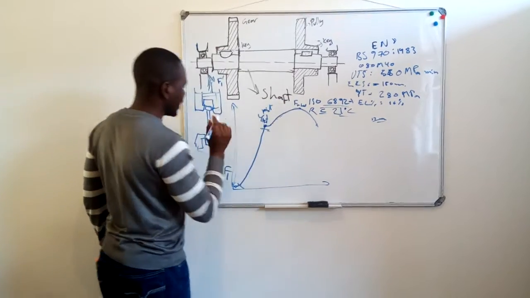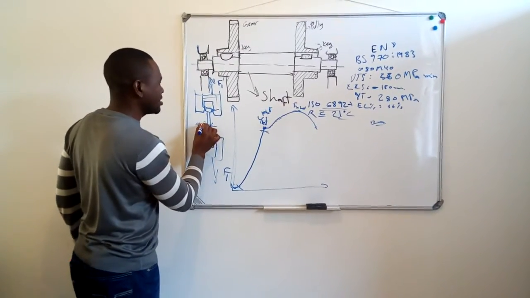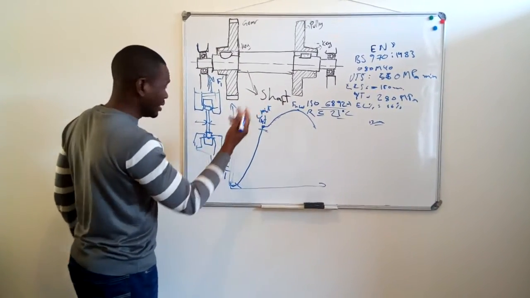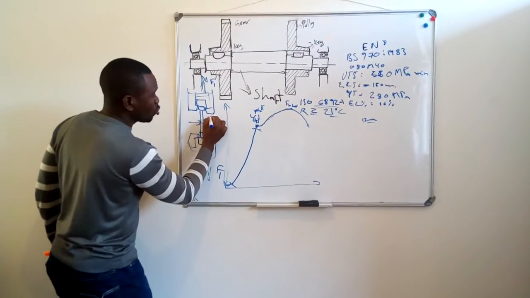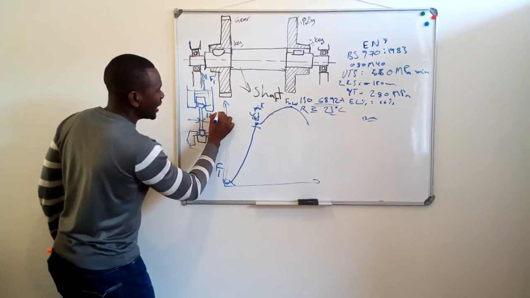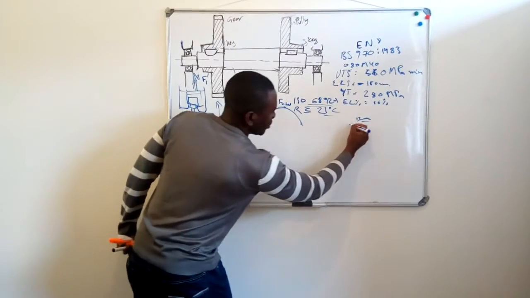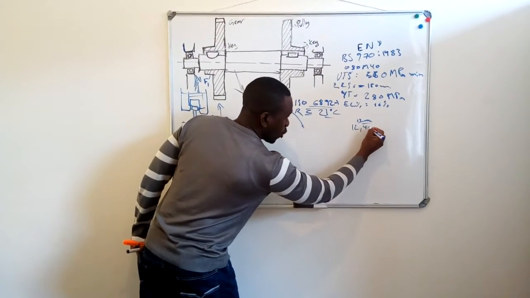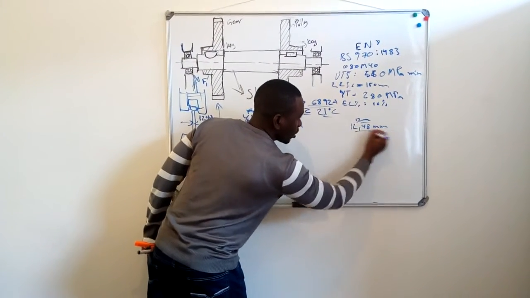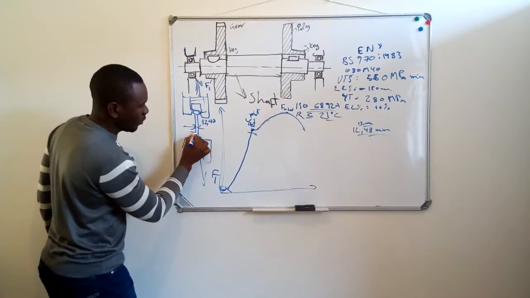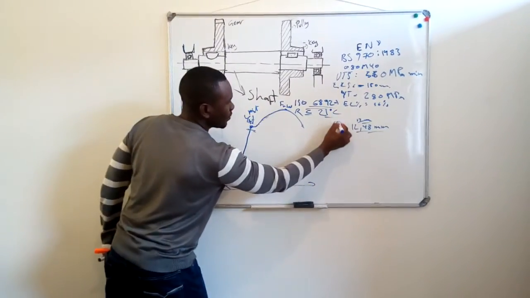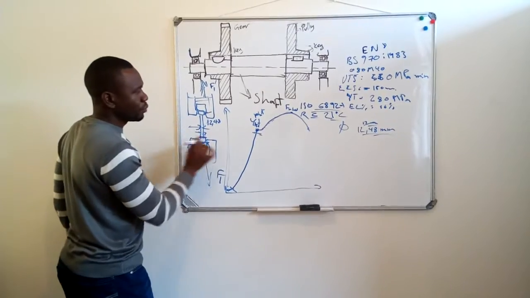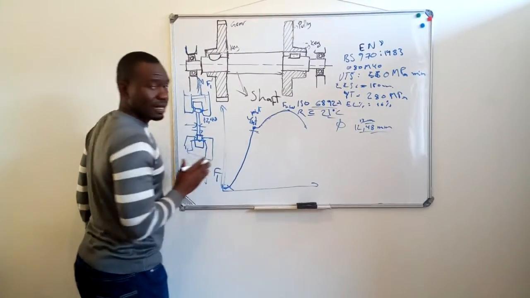So let's say in this case, the sample was machined according to ISO 6892-1. The dimension is 12.48 millimeters diameter for our reduced section. So this is our sample, and it goes under test.